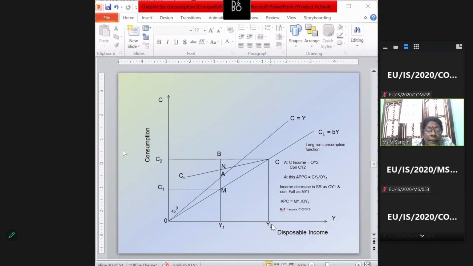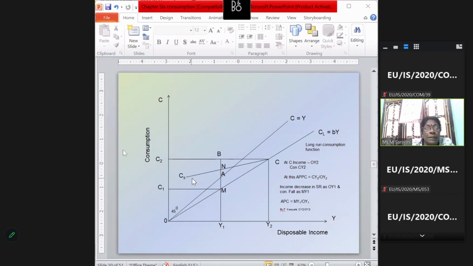Here the income is decreasing from the level Y2 to Y1. The consumption should decrease from C2 to C1, but here we are trying to explain the ratchet effect.